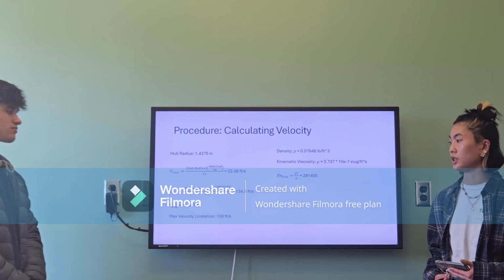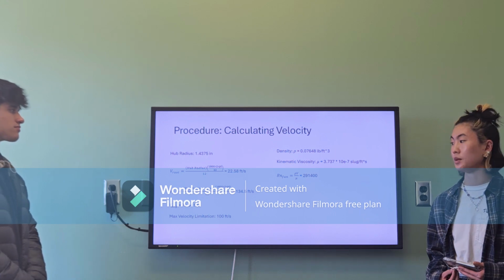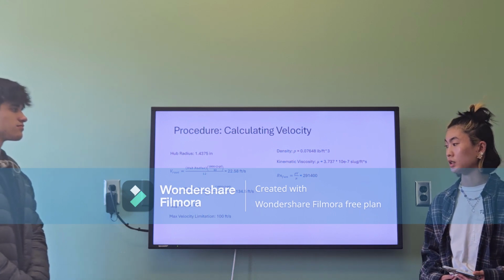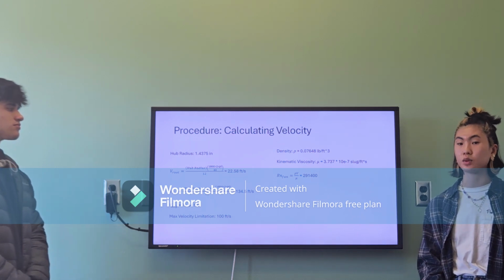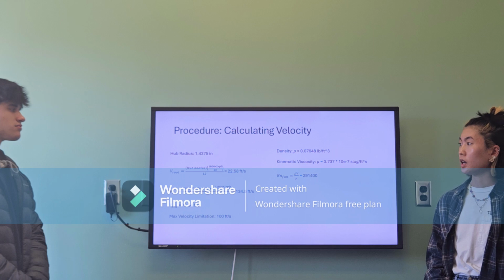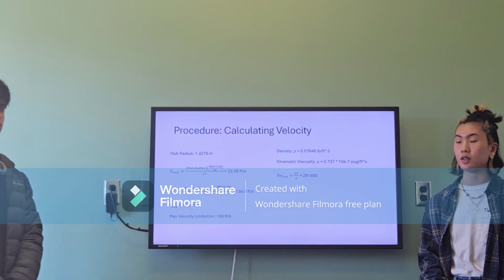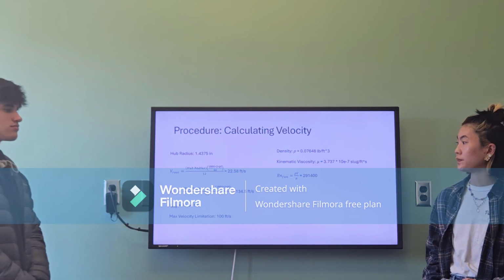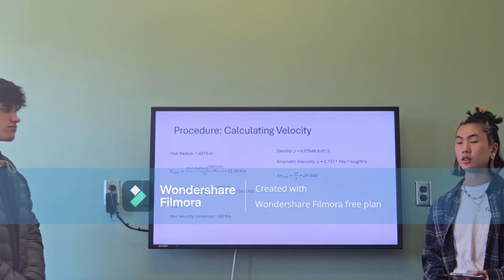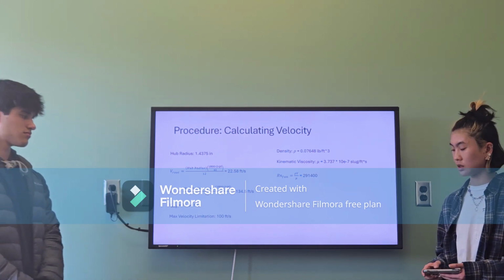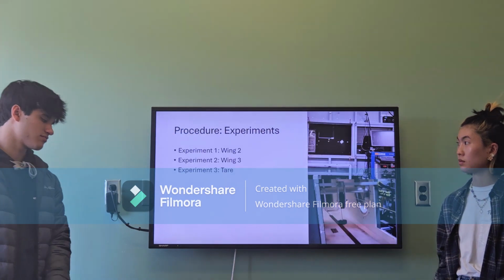However, after calculation, it was greater than the maximum velocity in the wind tunnel, which is 100 feet per second. So we took the average between the velocity of the root and velocity of the tip and used that to calculate the Reynolds number. Our Reynolds number came out to be about 291,000.